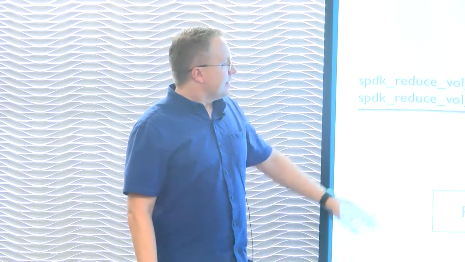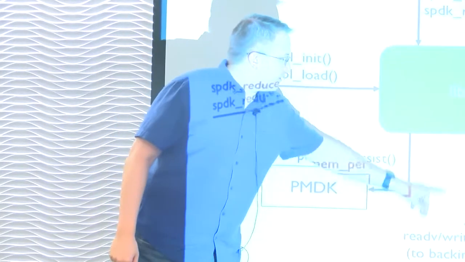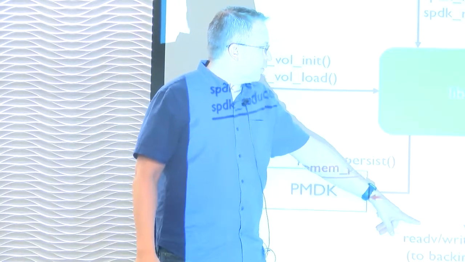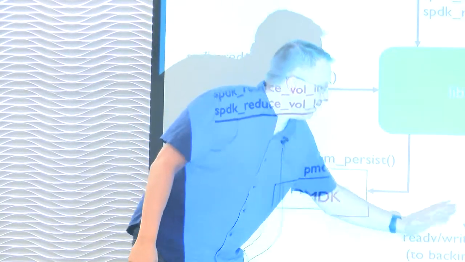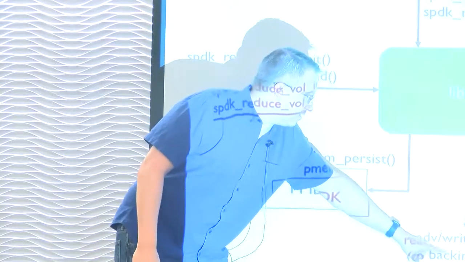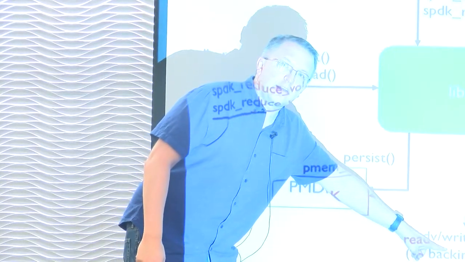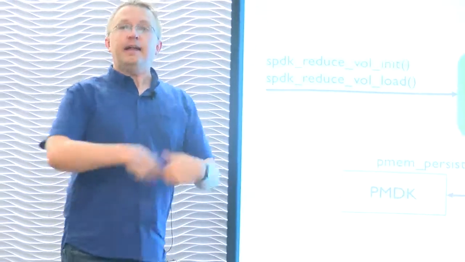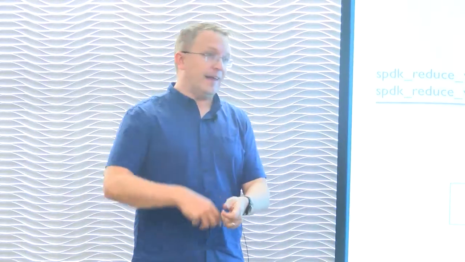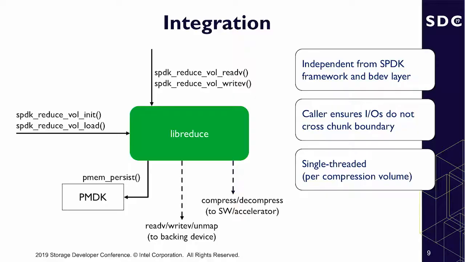Sorry, there's lots of animation. You don't have to actually go all the way to the device. So here, if you had an encrypted block device down here, then this is basically going down to that device instead. And then that in turn could go to the logical volume manager, and that in turn could go down to the actual SSD. So these can really stack on top of each other.